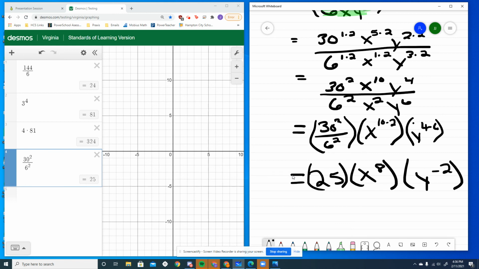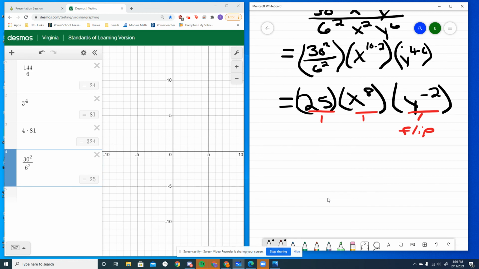We know that we're not allowed to have a negative exponent. So if I put these all underneath 1, I would have to flip this one because I'm not allowed to have a negative exponent.